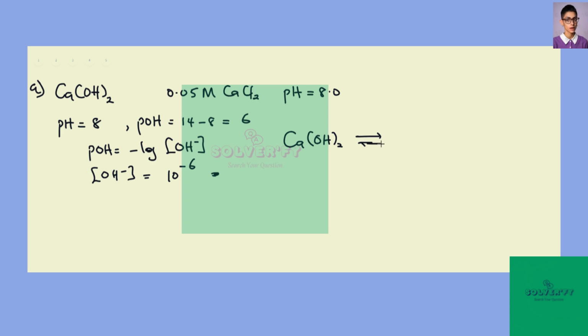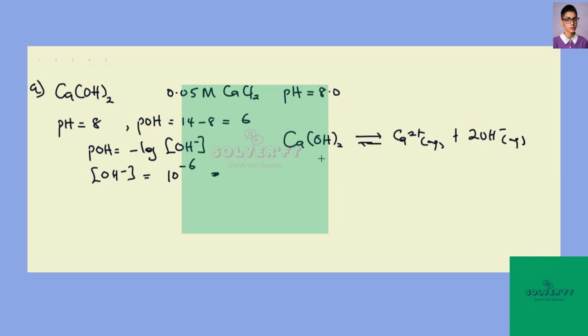Okay, so we have calcium hydroxide producing calcium 2 plus aqueous plus 2 OH minus aqueous. So the concentration of OH minus is 10 raised to the power minus 6, and the concentration of calcium is 0.05 molar.